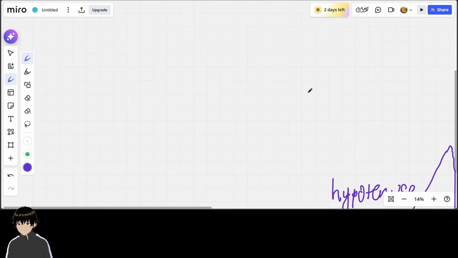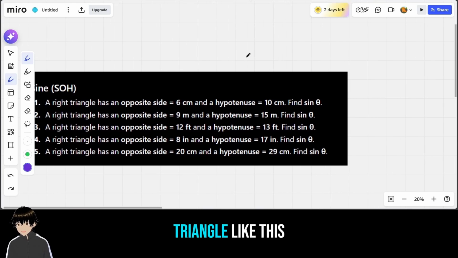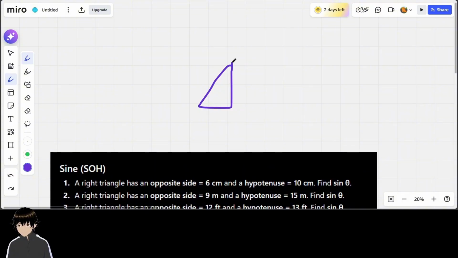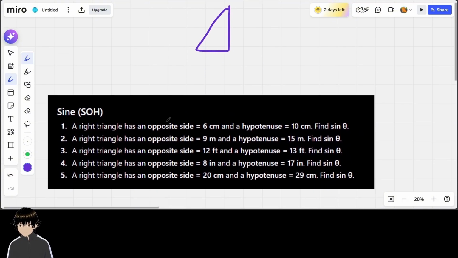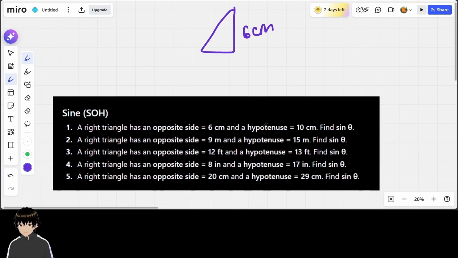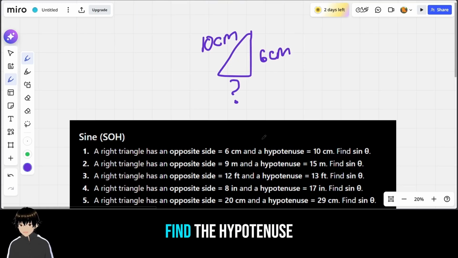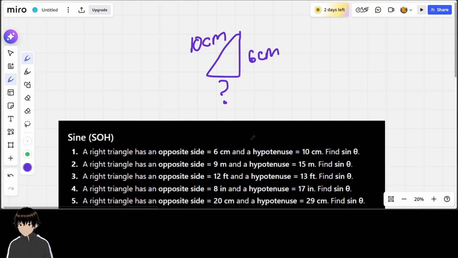Let's suppose you have a right triangle like this. It says the opposite side is measured at 6 centimeters, while the hypotenuse is 10 centimeters. Now we're trying to find sine theta.